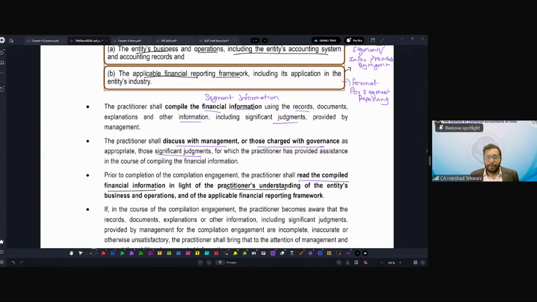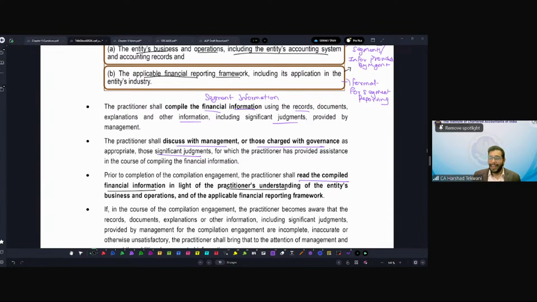And let's say, for example, there is an error, inaccurate data, or some issue. For example, management was supposed to give you segment information. They gave you the bifurcation of revenue, but they did not provide other segmental information. Now, how will you segregate between segments? So management has given you incomplete or inaccurate information.